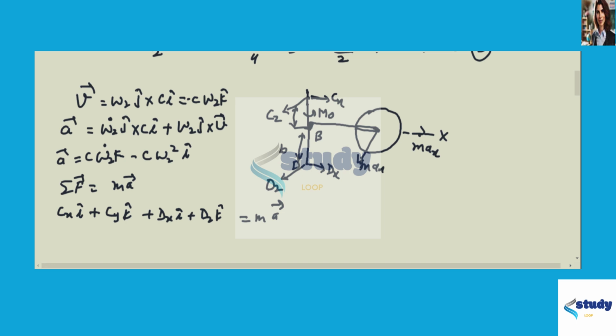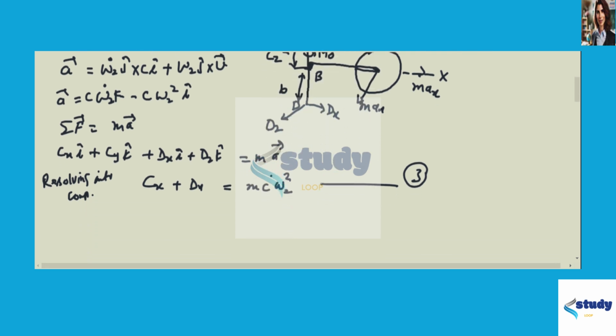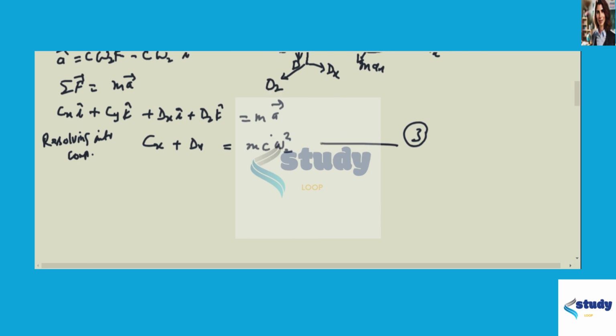Resolving into its components, you can write C x plus D x to be minus m c omega 2 square. Here you are resolving into components. C z plus D z is equal to m c omega dot 2.